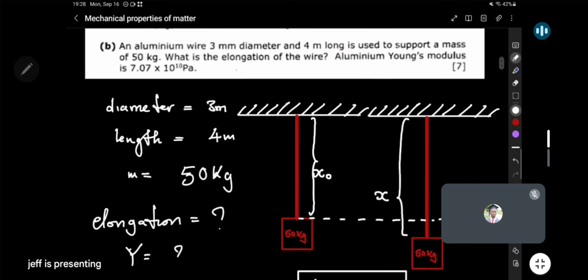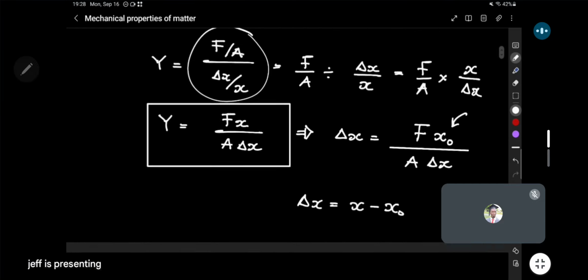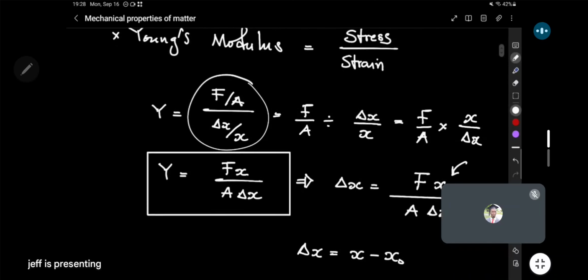We saw earlier that from the definition of Young's modulus, which is stress over strain, the expression for Young's modulus will reduce to this version: Young's modulus is equal to the force multiplying the original length divided by the cross-sectional area multiplying the change in length of the material.